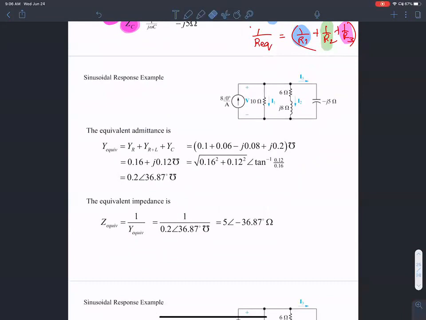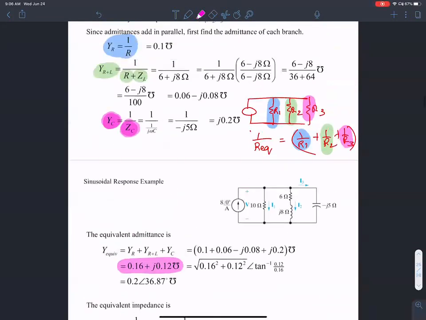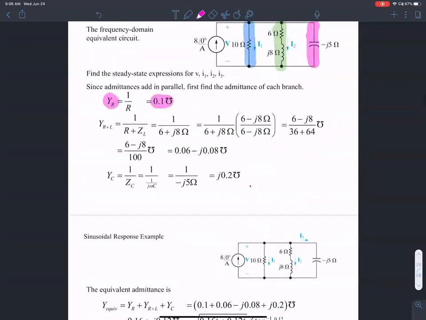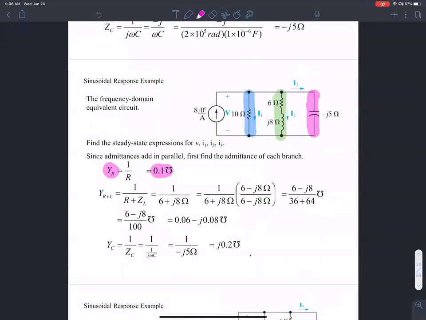So what we will do is come back to looking at the conversion to phasor form. These are all real numbers, right? So these are all imaginary numbers. The admittance of YR is 0.1 because I have 1 over 10 ohms, which gives me 0.1 mho or Siemens.